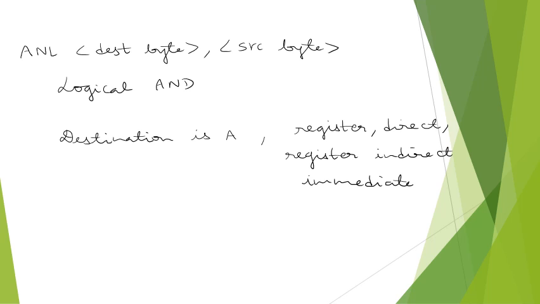While when the destination variable is a direct address, then the source variable can be accumulator or immediate data.